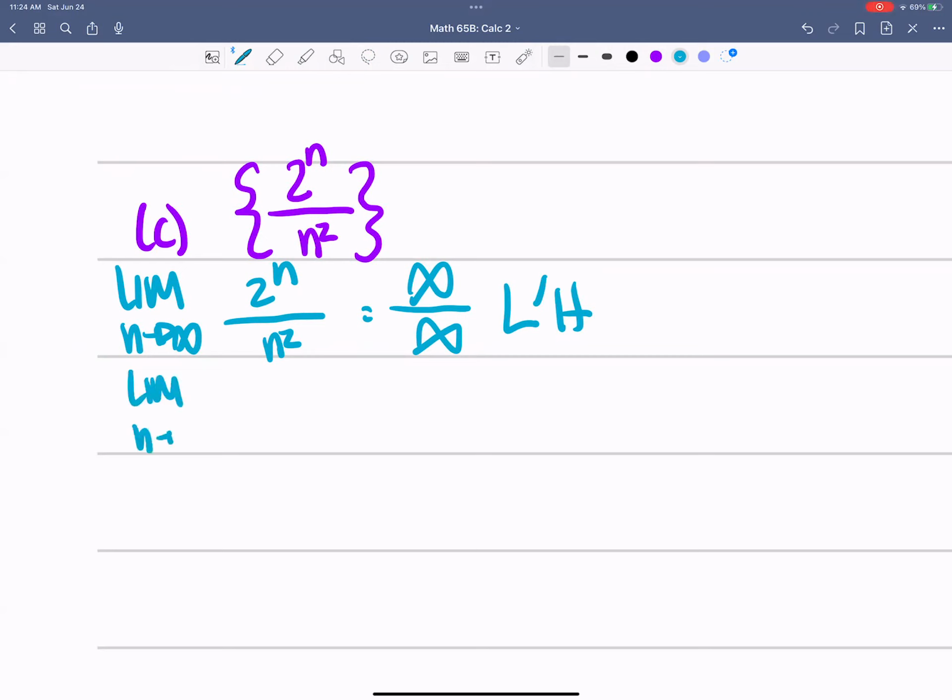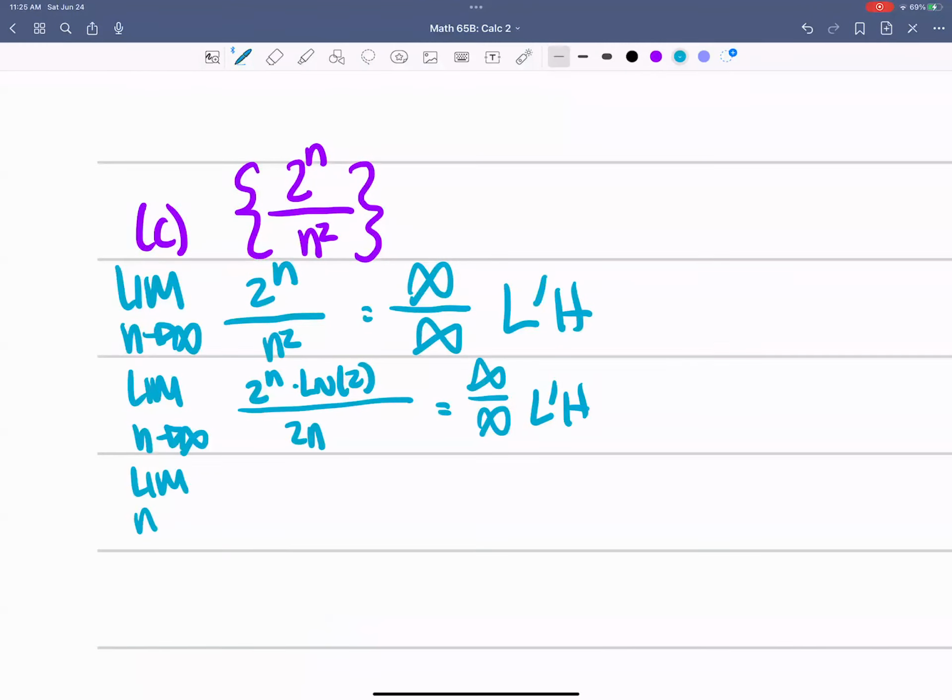The limit as n approaches infinity of the derivative of 2 to the power n, which is still 2 to the power n times ln of 2, over here we have 2n. Apply the limit, we still have infinity over infinity. Let's apply L'Hopital's rule again.